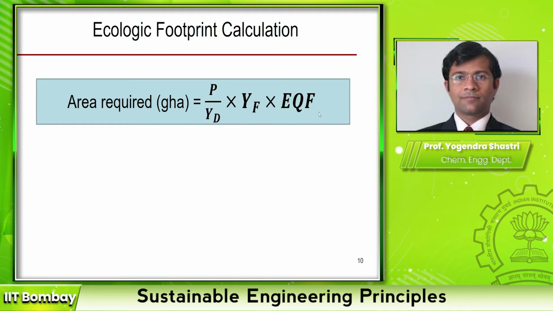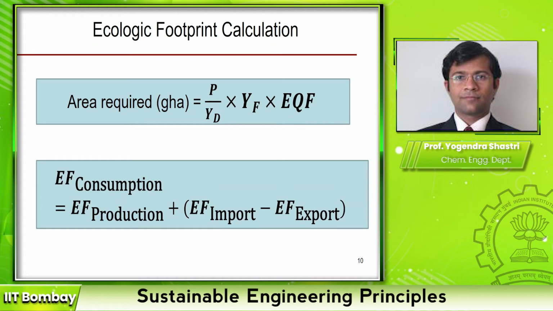And the third factor normalizes different types of land. So it gives you a final number which is in global hectares. So you generate the resources consumed or the product required data and then do this calculation for all the resources that are consumed for an individual.